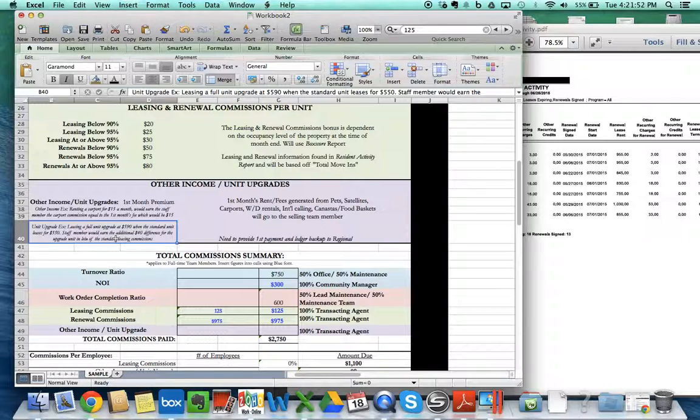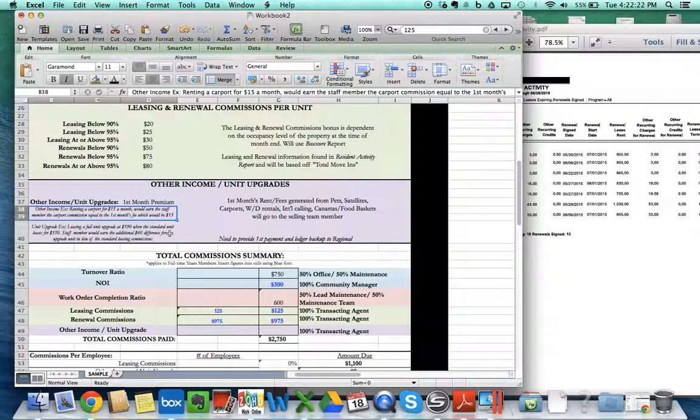So this is actually pretty cool, because if we look at the leases, you can only get a max of $30 per lease. However, if we're leasing an upgraded unit and your premium for an upgrade is $40, $550 for a standard versus $590, you're actually going to make a little bit more by going ahead and trying to lease that upgraded unit.